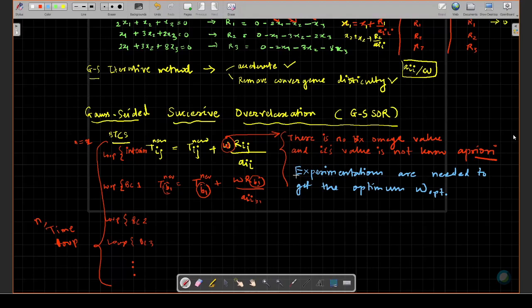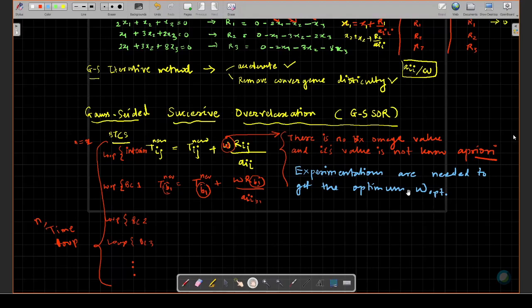So the only way is experiment, because we do not know what form of the equation it is, what the matrix type is, what the coefficients of the matrix are for that particular method in a software. So experimentation is the only way to know these over relaxation and under relaxation parameters.